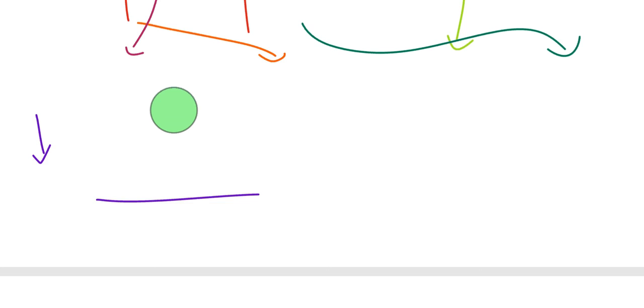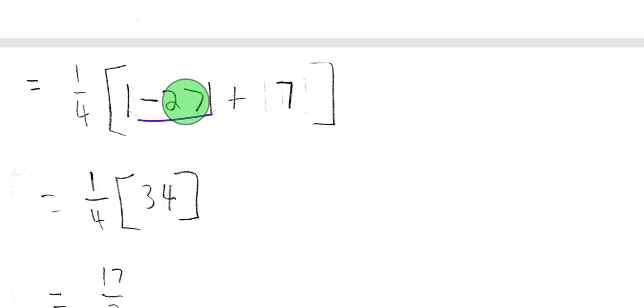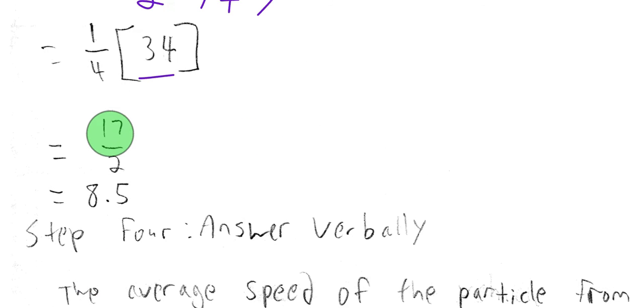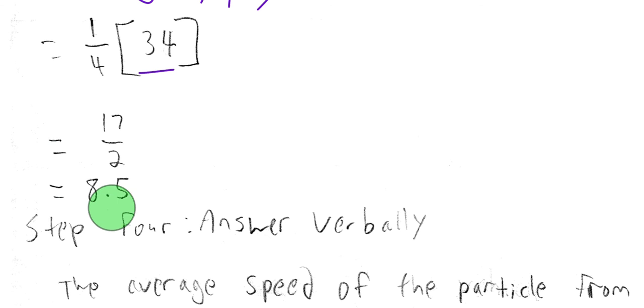So once we get to this point right here, this tells us that basically the area under the curve from 1 to 4 is negative 27 for velocity, but to find the average speed, we make it positive 27. So this becomes positive 27 plus 7, which gives us 34. Then don't forget the 1 over 4, so we get 17 over 2, which is 8.5, which is our answer.